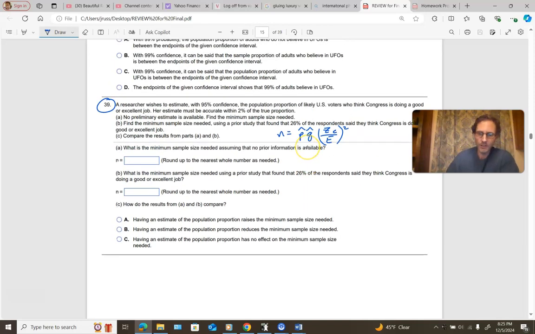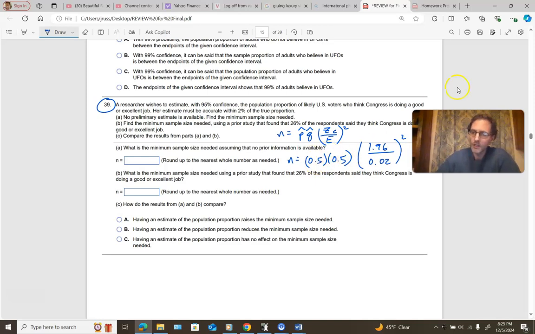So that's what I'm going to use. All right, so I'm just going to plug in all these values. So 0.5 times 0.5 times, in parentheses, 1.96 over the margin of error. They don't want a margin of error any greater than 2%. So 2% as a decimal is 0.02, and then you square all that.